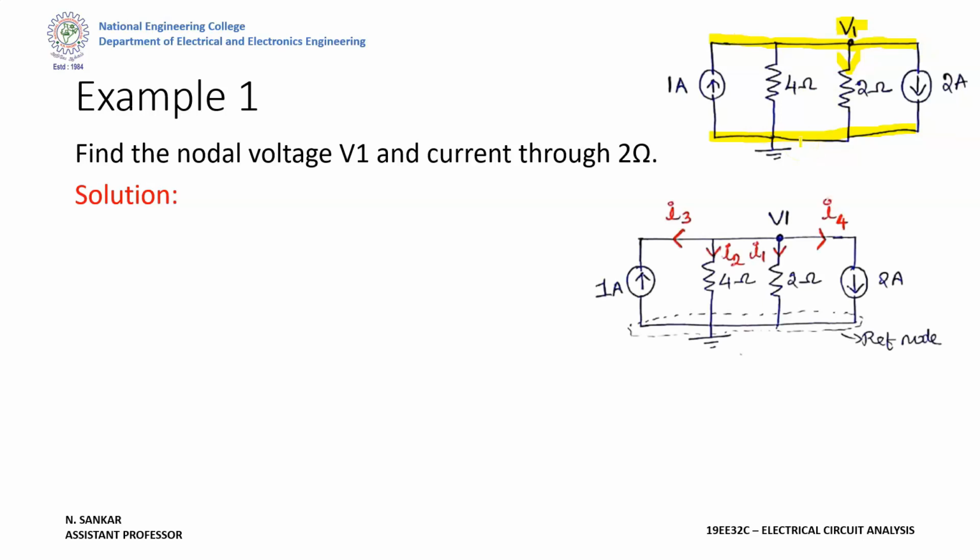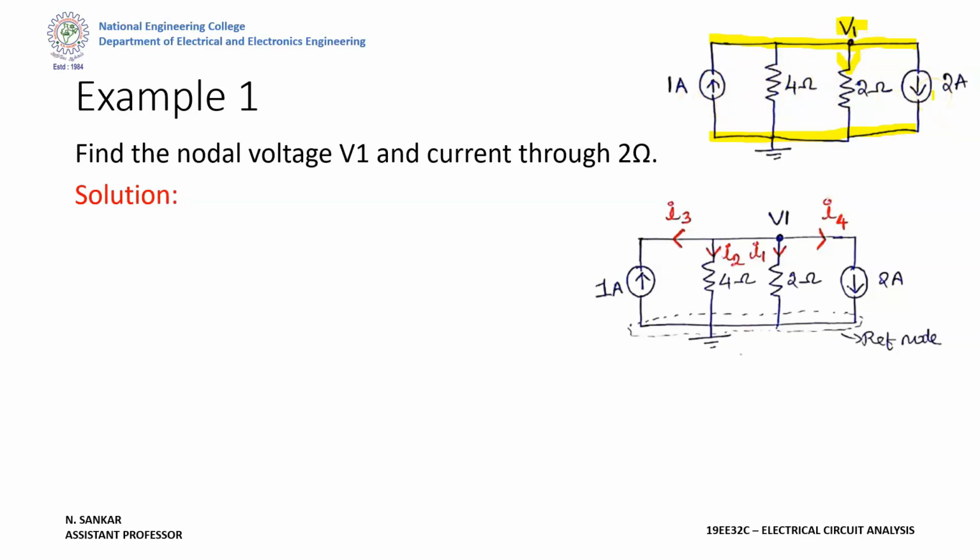So now our aim was to give a current direction. We have to give current directions in order to apply Kirchhoff's current law. For that I have given I1, I2, I3 and I4, that is 4 branch currents, because we have 4 branches connected to node V1, right? So in this node we have totally 4 branches: 1, 2, 3, 4.